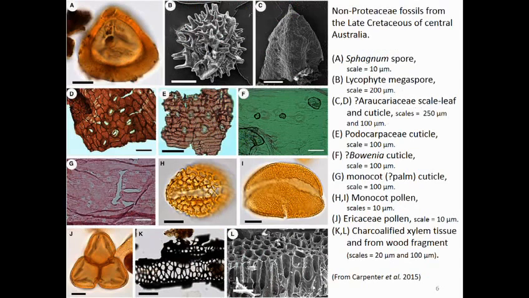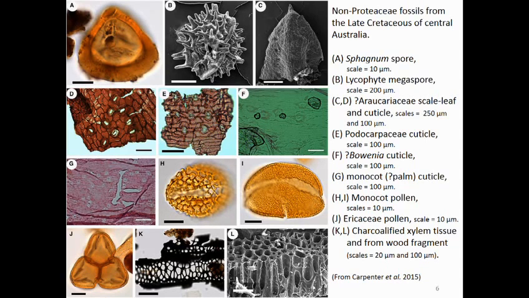The rest of the vegetation, we've got sphagnum, we've got lycopods, we have probably Araucariaceae and Podocarpaceae amongst the conifers. There's a cycad, Bowenia. G is a palm cuticle, probably, it's certainly monocot. H and I are monocot pollen grains. J is an Ericaceae tetrad.